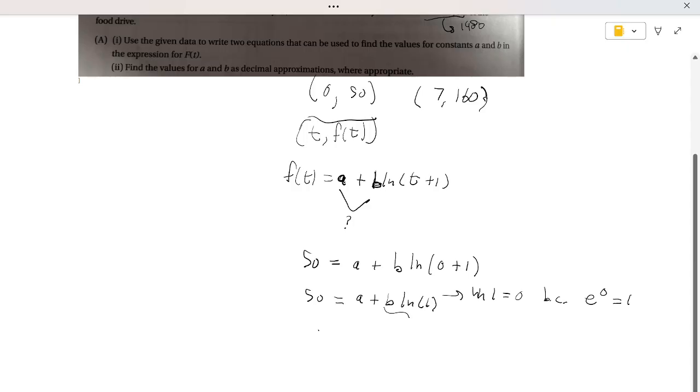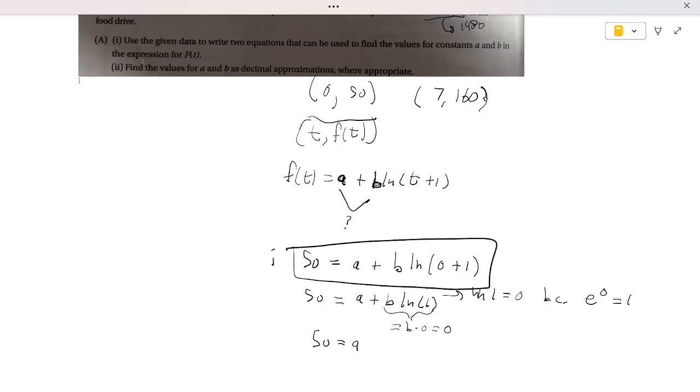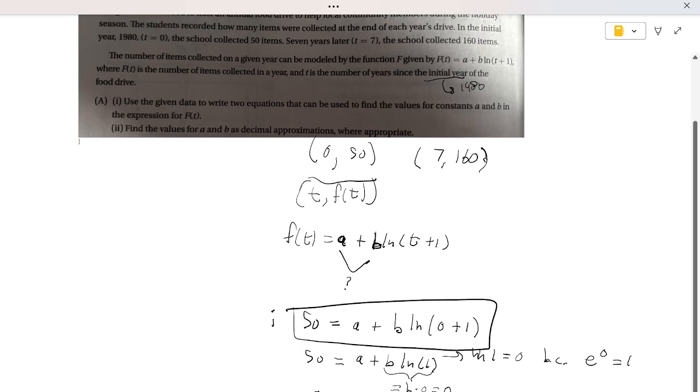So this is just b times 0, which is 0. So all in all, we have 50 is equal to a. Actually, for part 1, we can stop here. This is what happens if you simplify a little further. Now, this is equation 1.